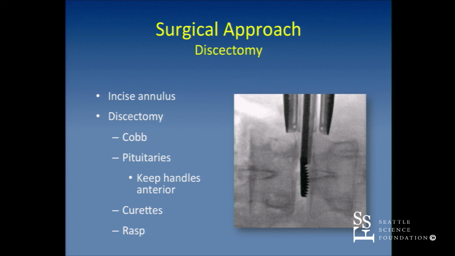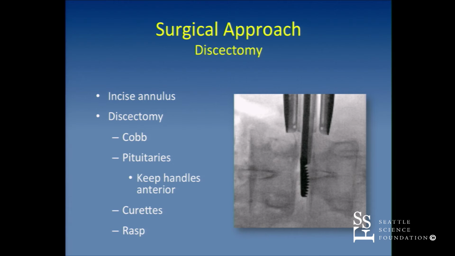Obviously, there are all these different instruments for the discectomy. For a Cobb, personal preference for me, I use a small Cobb, just in case the retractor did move more anteriorly, I'm less likely to cut into the ALL or have any vascular or visceral injuries. In addition, I feel if it's a very concave end plate, a more narrow Cobb is going to do a better job of removing cartilage off the end plate than a very wide one.